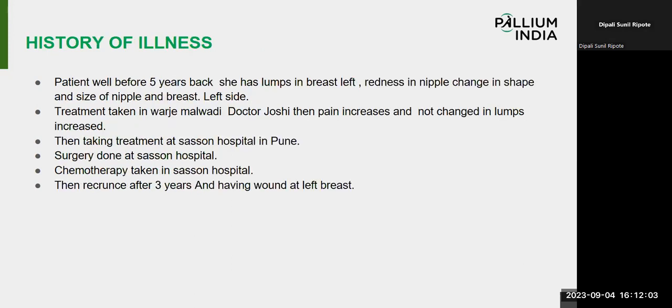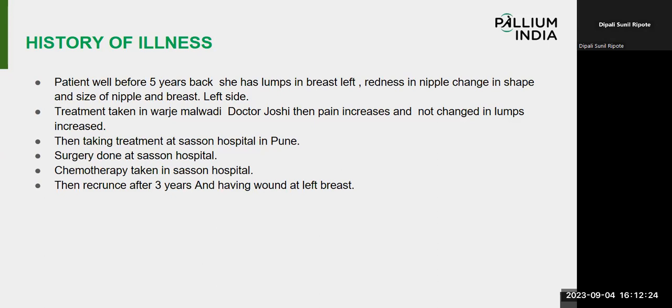History of illness: patient was well 5 years back. She had a lump in the left breast and redness in the nipple, with change in shape and size of the nipple and the breast on the left side. She took treatment in the local area.